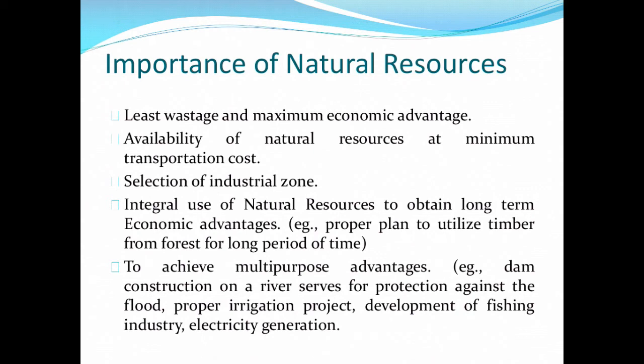The remaining water is salty sea water. So whatever resources are available, we should use them in an effective and economical way, such that they can be preserved for future generations.